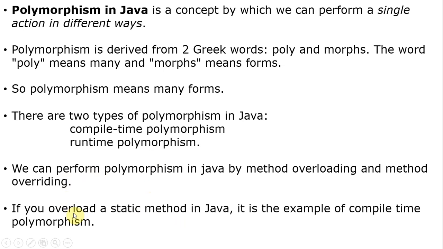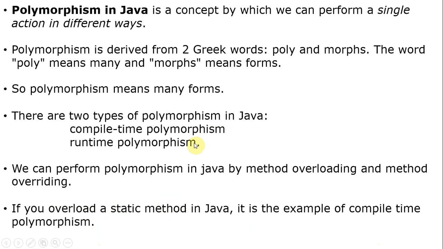See the videos and you will understand method overloading and overriding better. So we cannot override a static method, but we can overload a static method. If you overload a static method, that is an example of compile time polymorphism.